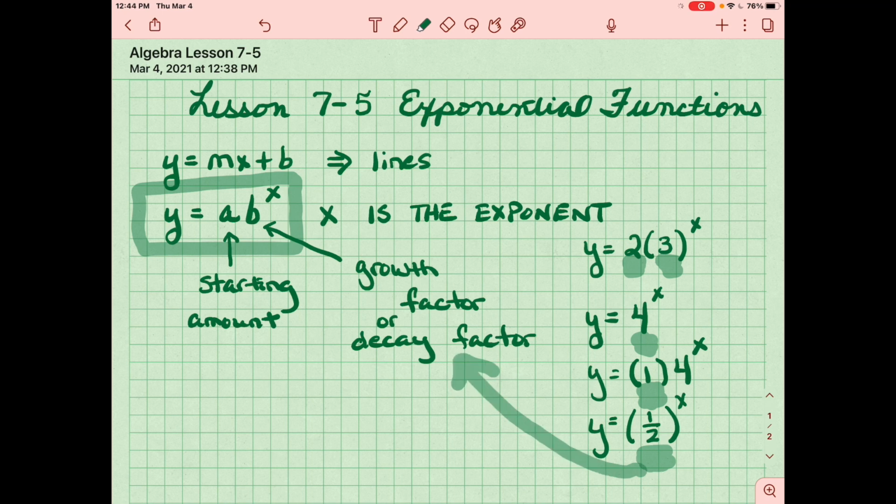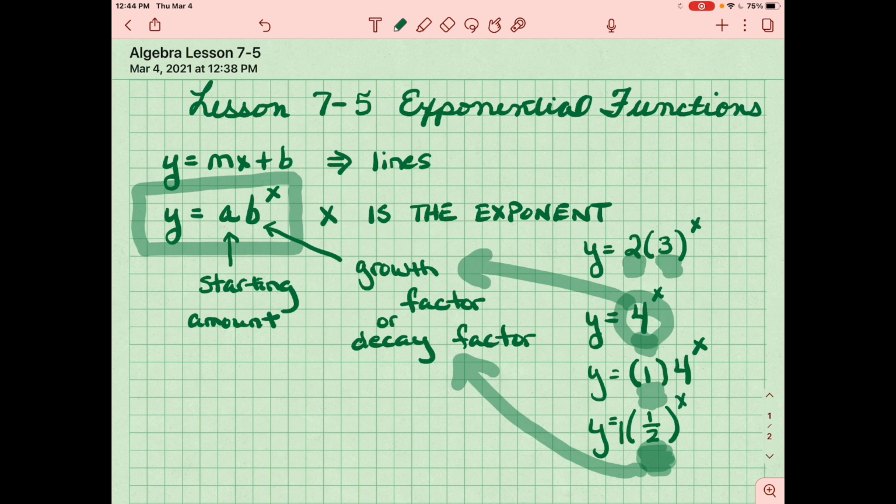So anytime I have a whole number here, it's going to cause growth, and anytime I have a fraction, it's going to cause decay. In the case of this problem, our starting amount is still going to be a 1. But our growth factor, that's going to be the number that has the x on it as an exponent. The growth factor or decay factor is going to have the x on it as an exponent.